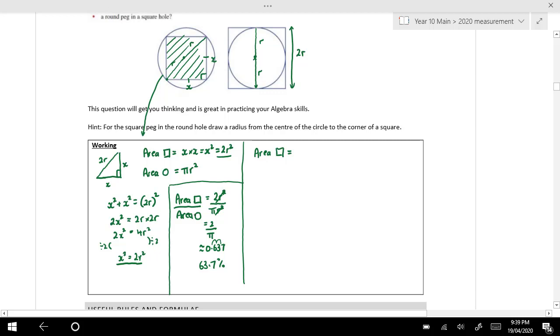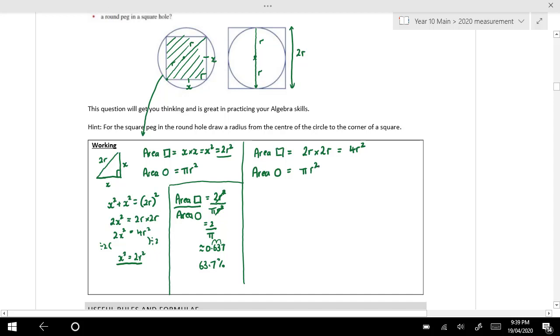So the area of the square is going to be length times width, but each of those is equal to 2r. So it's 2r times 2r, which of course is 4r squared. And once again, the area of the circle is just pi r squared, which you've been doing since probably year 7 and 8.